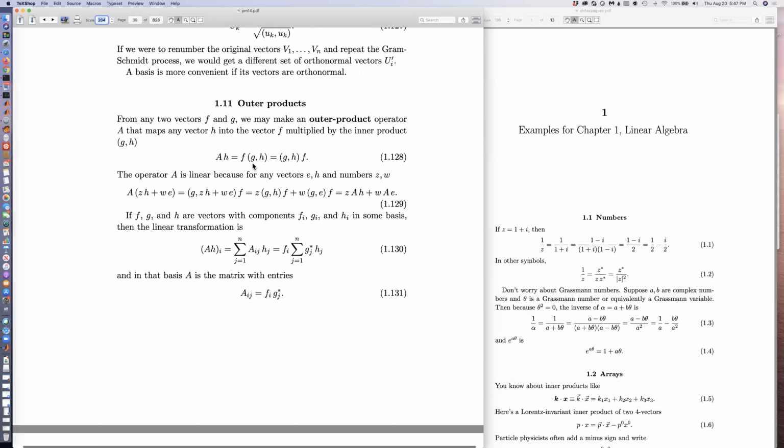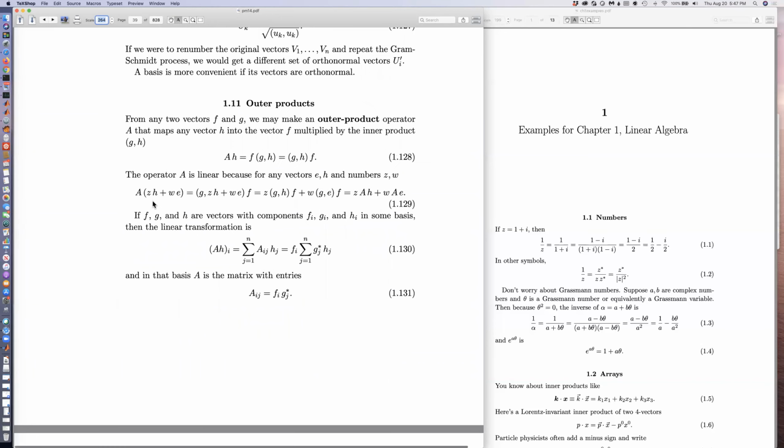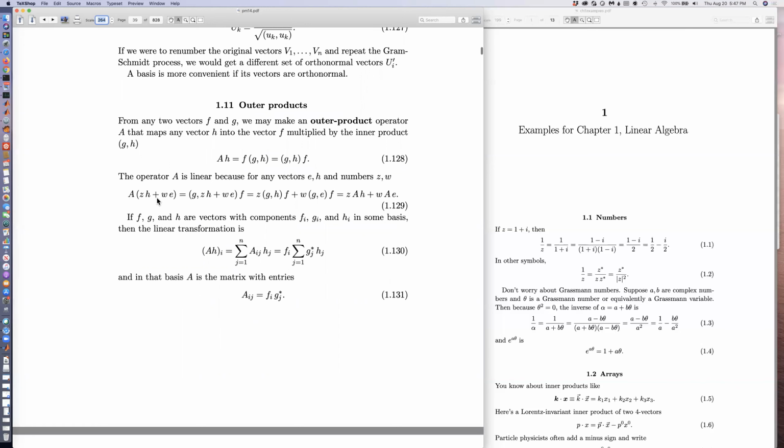so let's verify that this operator A, defined in this way, is linear. Well, it's linear because A on this is the vector f. Remember, A on any vector is the vector f times some number, and the number in this case is g times the number z times the vector h plus the number w times the vector e.